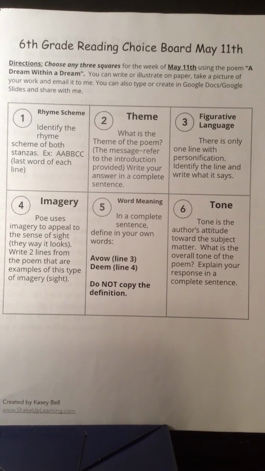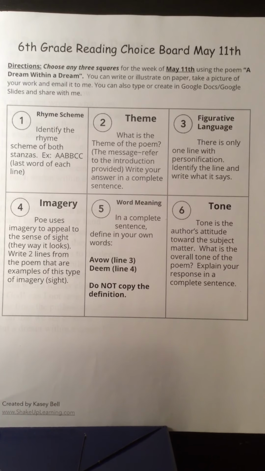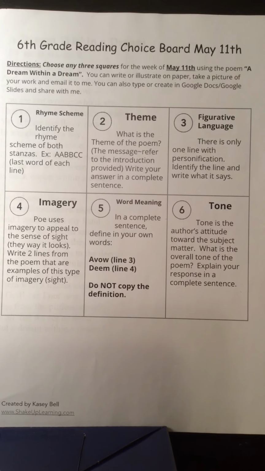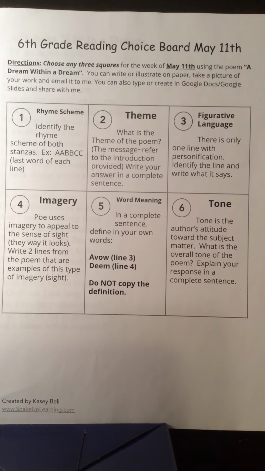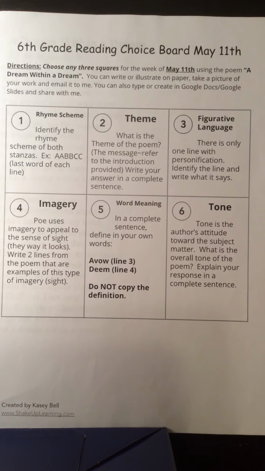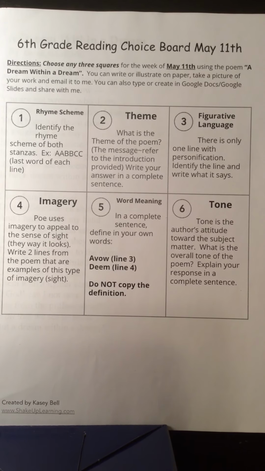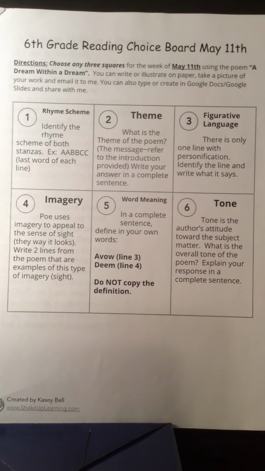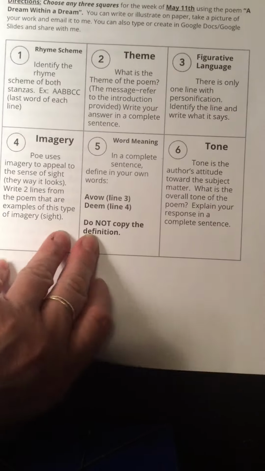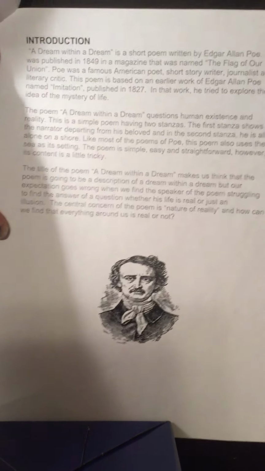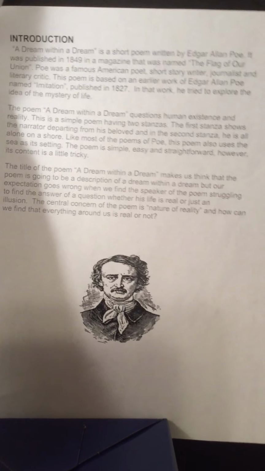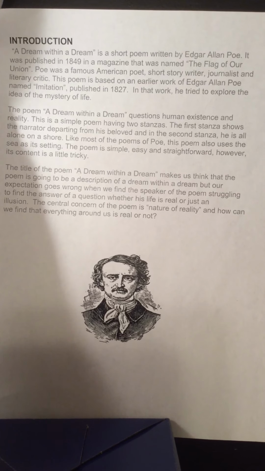All right, number 2 is talking about theme. What is the theme of the poem? Remember, the theme is the message that the author or the poet is trying to get across to you. Refer to the introduction provided. Behind this poem, there is an introduction. This introduction has a lot of really, really good information in it.